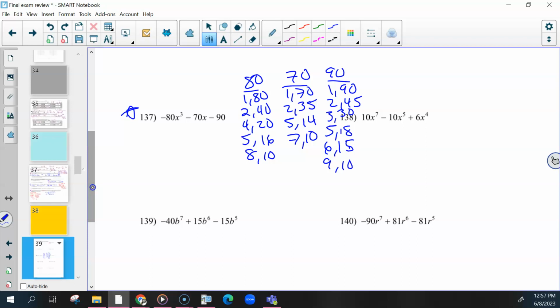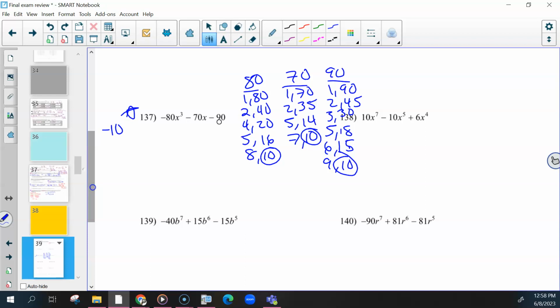So if you don't know the factors, you would need to do something like this. List all the factors of every single number and find the highest, which is 10. In this case, we're going to divide out a negative 10, since the first term is negative. And then if they each had the same variable, you would look at the lowest exponent.